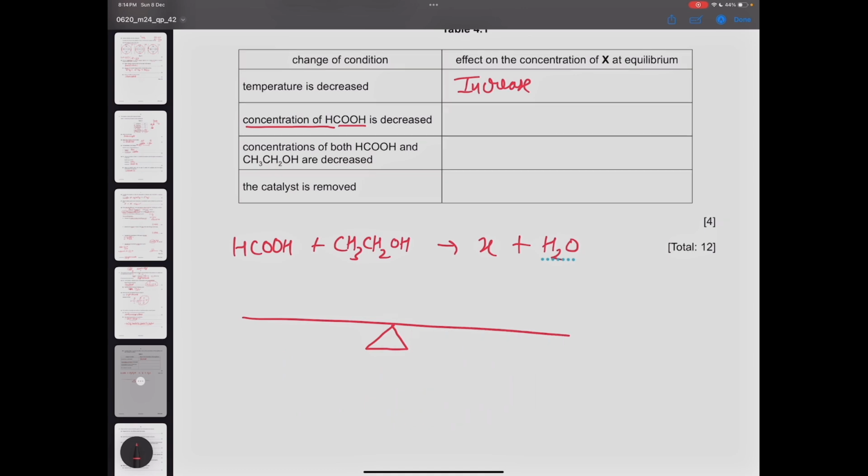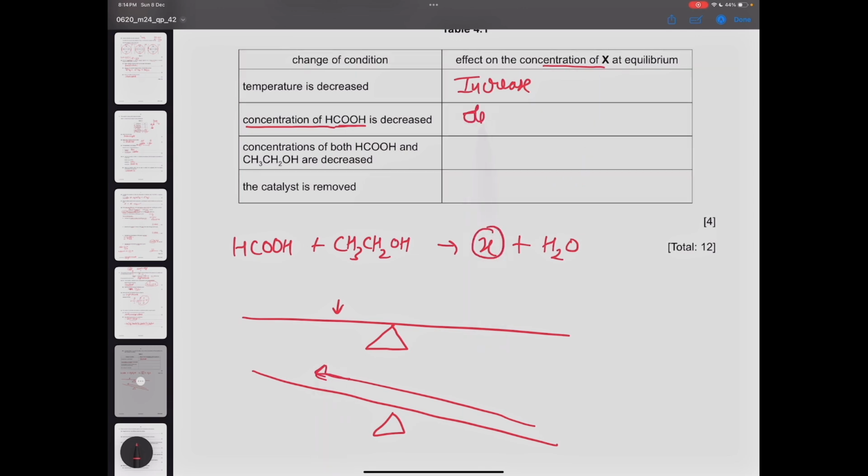Currently, it is balanced, but now what you're doing is you're decreasing the reactant, right? So, the product side must get heavier then. The seesaw will start looking like this, right? Now, in order to balance this, where will you go? Towards the backward side, right? So, backward side is towards the reactant. So, you just mention concentration of HCOOH is decreased, so what happens to the concentration of X? If you're going backward, you're going away from X, so decreases.